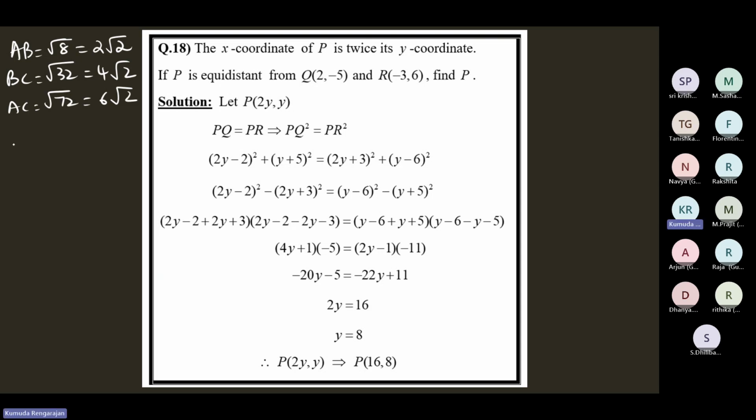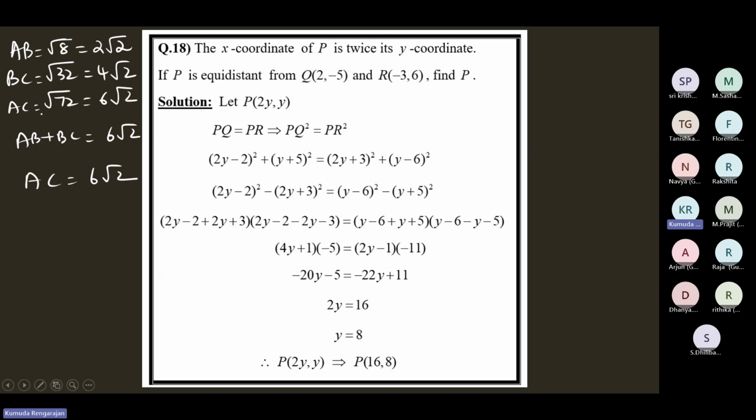So now you see AB plus BC. What is AB plus BC? AB plus BC is 2 root 2 plus 4 root 2, which is 6 root 2. What is AC? AC is also 6 root 2. You can add any 2. It's not that you'll have to add in the order. You can check AB plus AC or BC plus AC or AB plus BC.